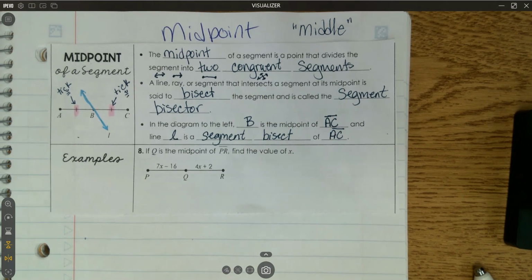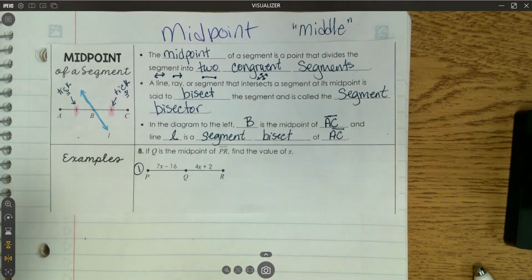So here's an example where they've told us that point Q is the midpoint of segment PR, and we need to find the value of X. All right, so remember, my first step is to make sure everything in my diagram is filled out, that all the information is given. It looks like it is.